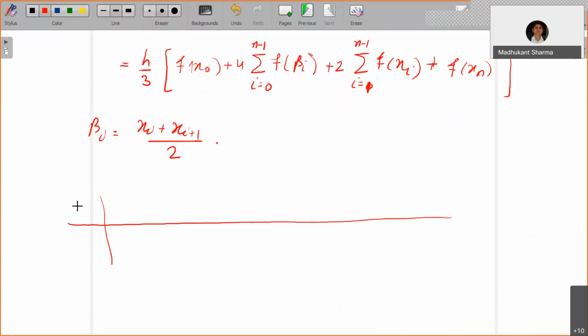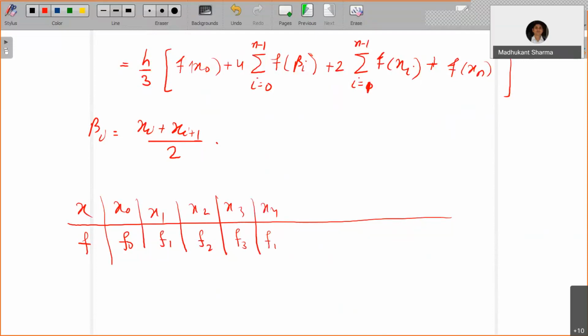So if I want to write directly from the table, you have x naught, f naught, x1, f1, x2, f2, x3, f3, x4, f4, and so on, xn minus 2, fn minus 2, xn minus 1, fn minus 1, xn, fn.